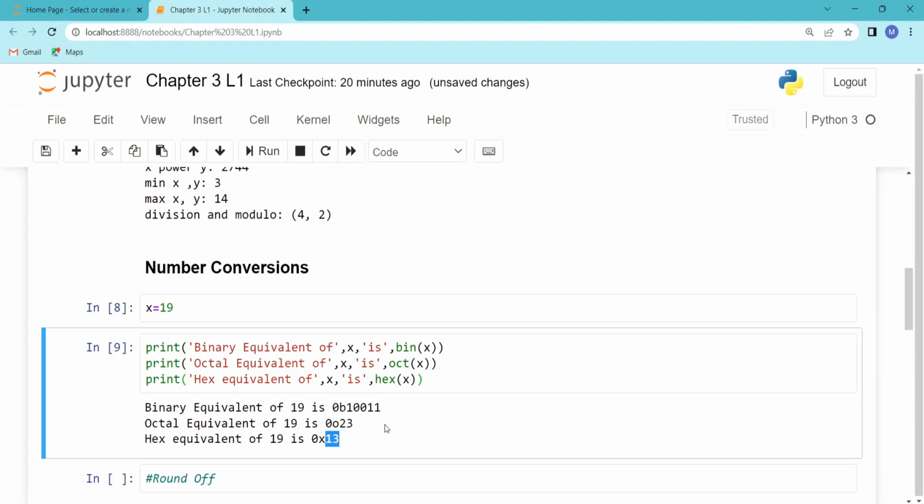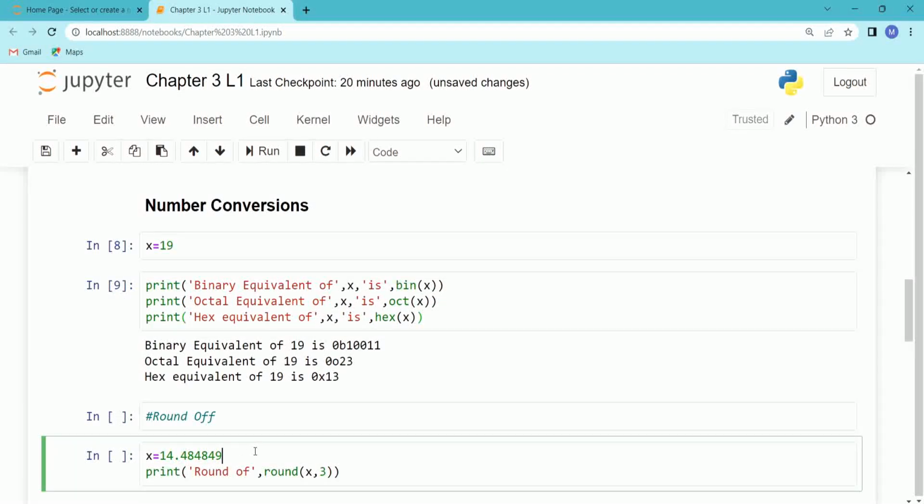Okay, so now let us see another important concept, which is round off. Round off is again an inbuilt function in Python. Let us say that we have a number 14.484849. Here there are many digits after the decimal point, but I want to restrict it to only 3 decimal points, or only 2 decimal points.